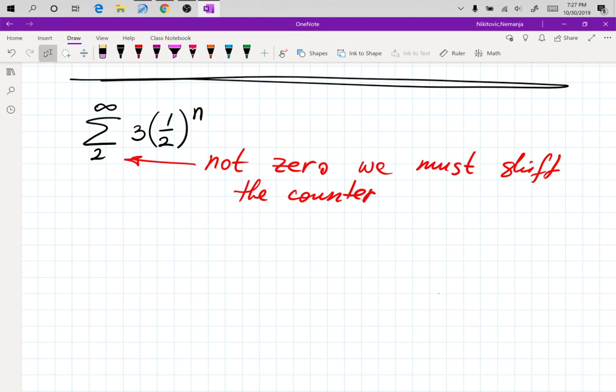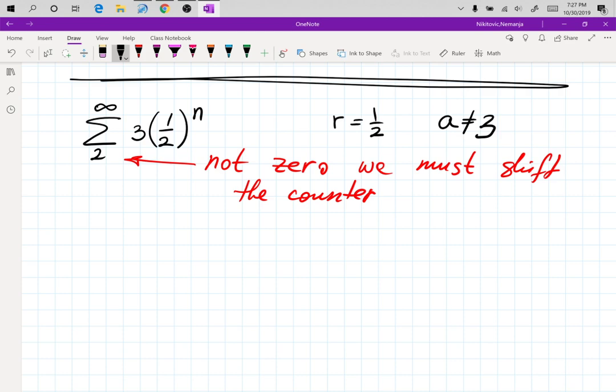Very important. How do we shift the counter? Well, first, I know that R is 1/2. I'm going to keep that. And here is what I'm going to write, and you will understand it later. A is not 3. You say, hold on, you said so. No. You'll see A is not 3.